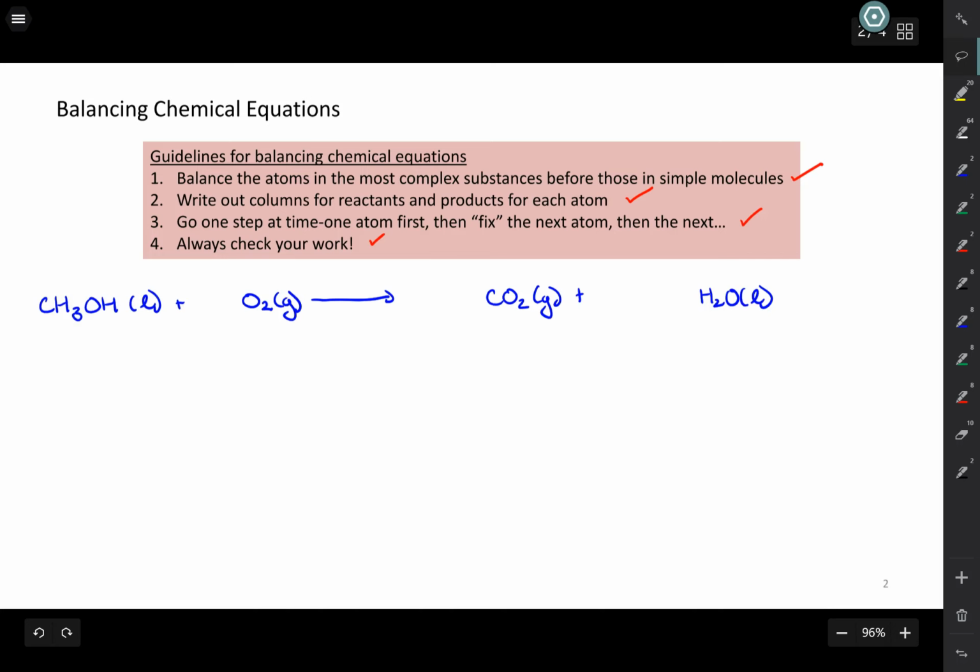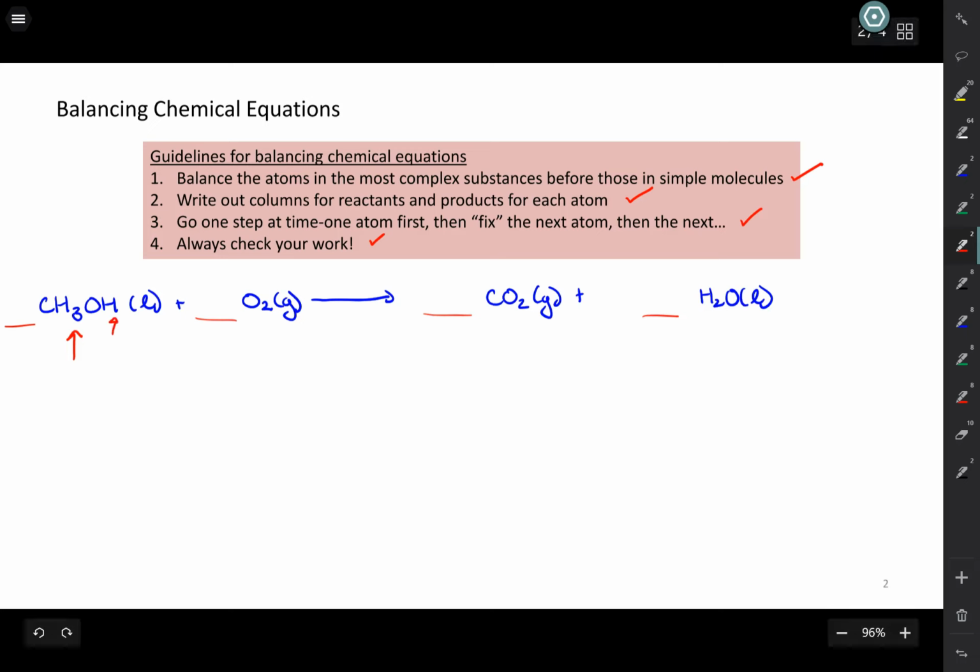So what I've done here is I've left a fair amount of space in front of each of these chemical species because we're going to change the number of moles of chemical species. We are not going to change the chemicals that we're dealing with. So this is methanol, and methanol has 4 hydrogens, 1 carbon, and 1 oxygen.